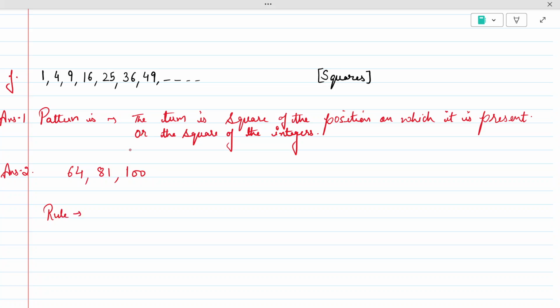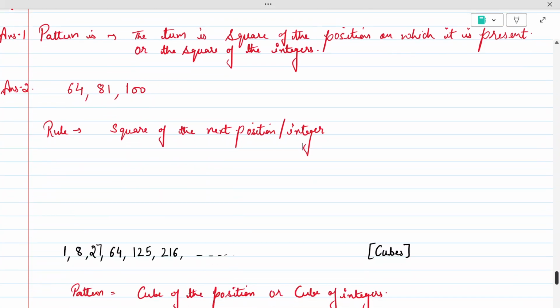The rule is we have to find the square of the next position or next integer, right? So this is the rule for squares.